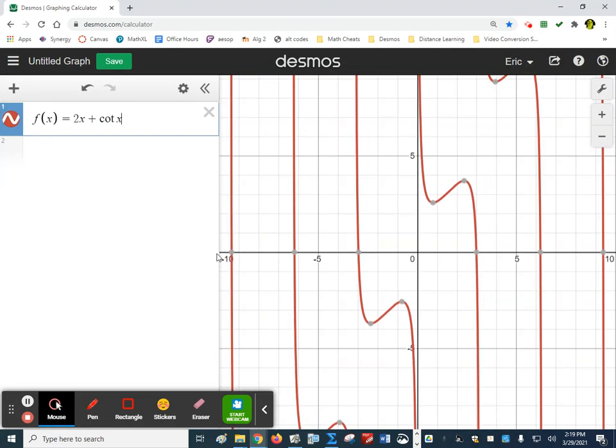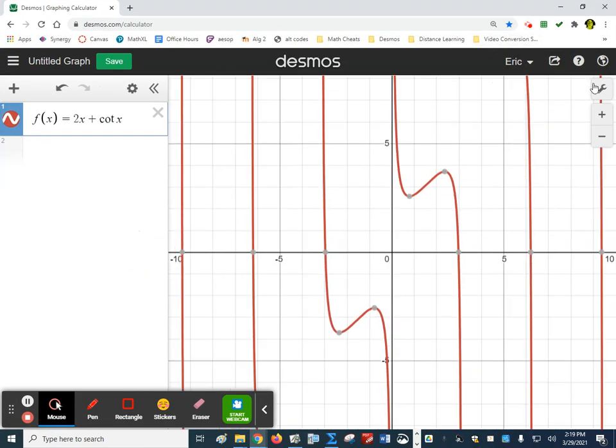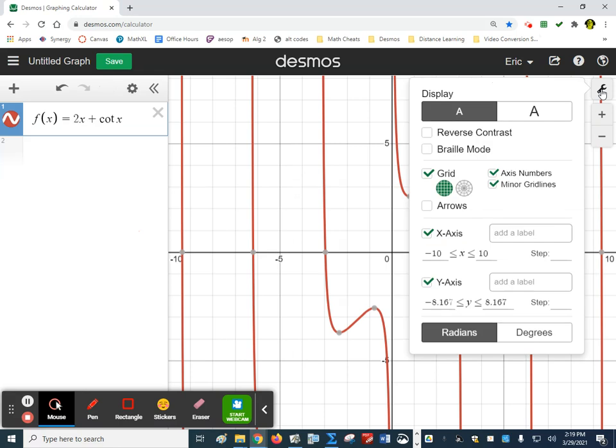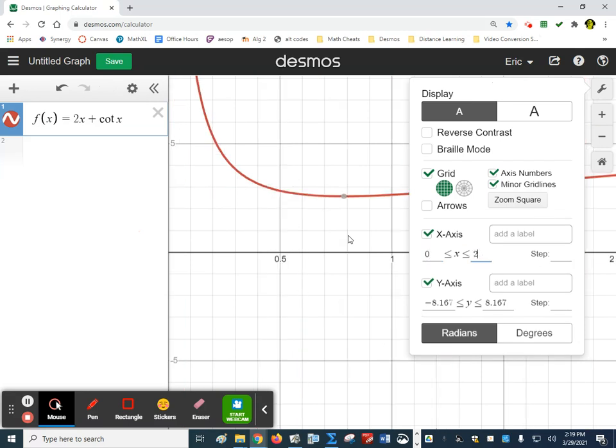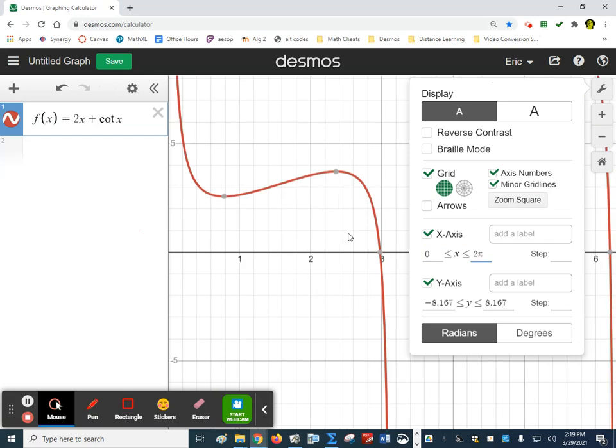So on Desmos, I'll show you a cool way to do this, if I can remember how. If you go into graph settings, you can just go from 0 to 2 pi, and let's go in steps of pi halves.